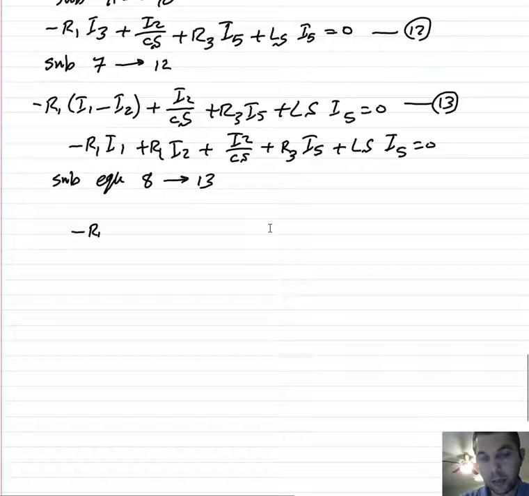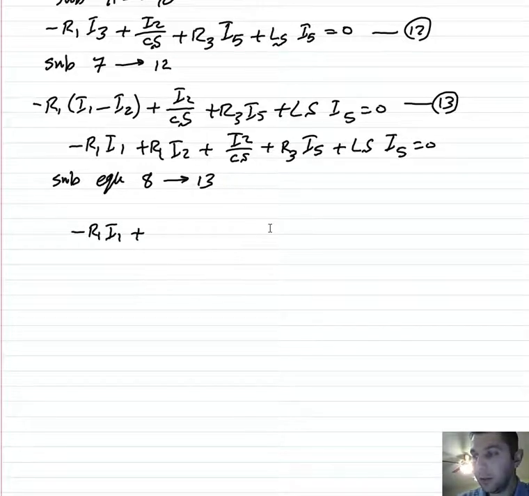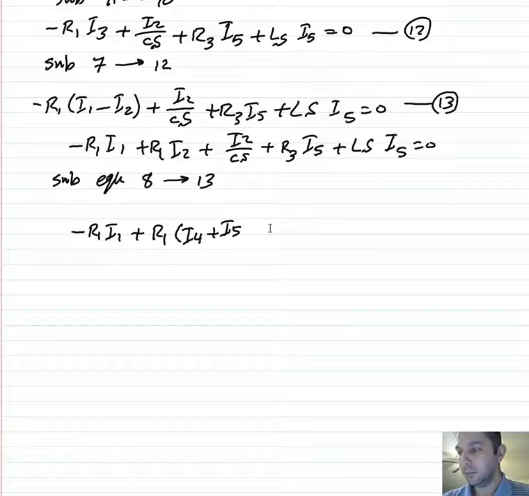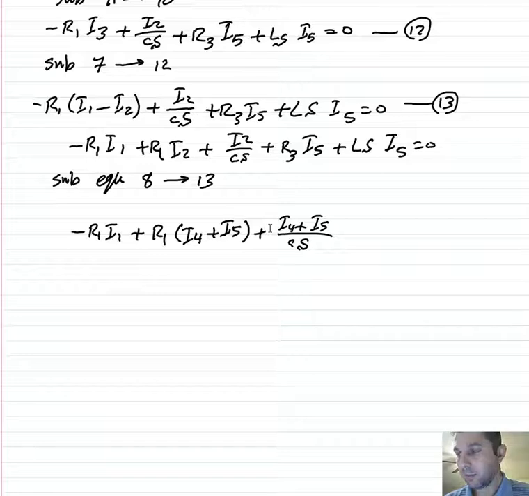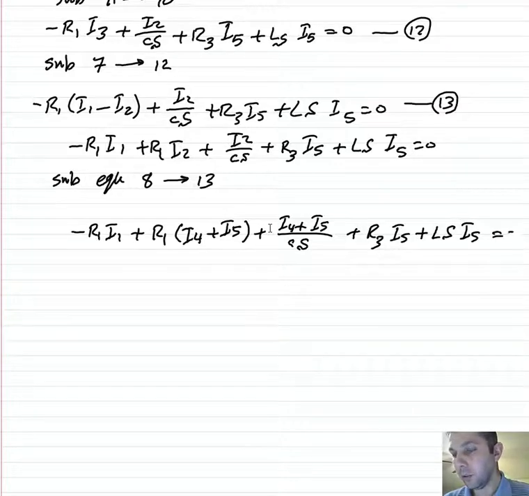So we have minus R1 current 1 plus R1 times I4 plus I5, plus I4 plus I5 CS, plus R3 I5 plus LS I5 is equal to 0.